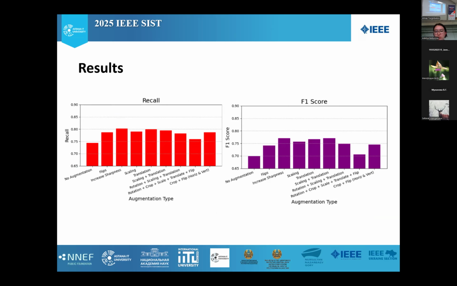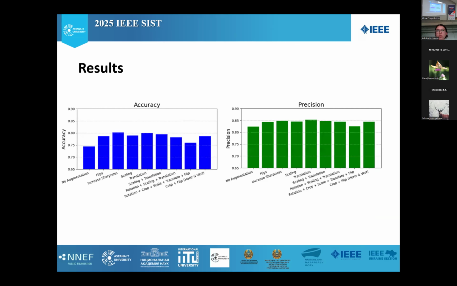Yes, in our experiments, these results showed the best. These data augmentation types showed the best results. I think the flip still showed a positive improvement in the accuracy, precision, and so on. But the best one was translation and sharpness from our experiments.